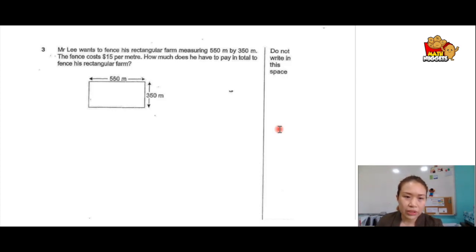Question 3, we see a rectangular farm. We know the length is 550 meters and the breadth is 350 meters. So Mr. Lee wants to fence up the farm. When we're talking about fencing up the farm, we're talking about finding the perimeter.